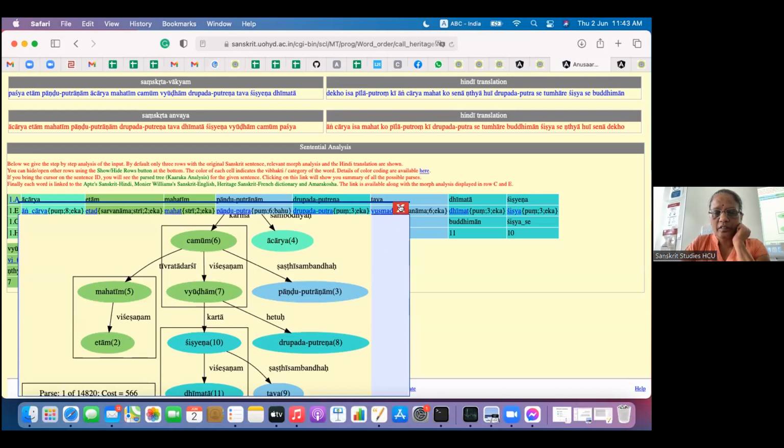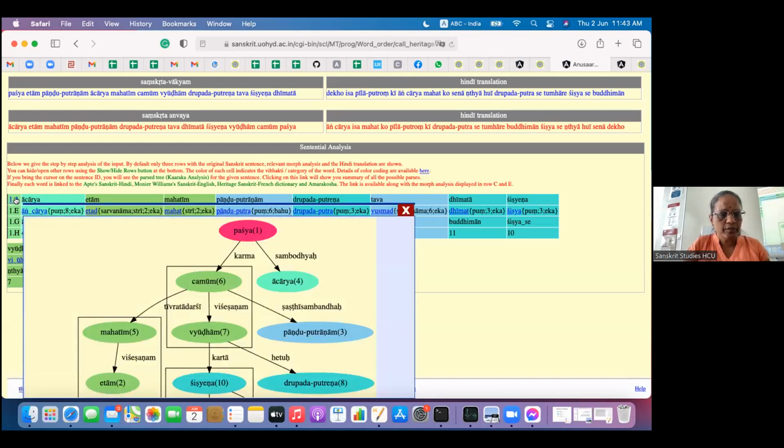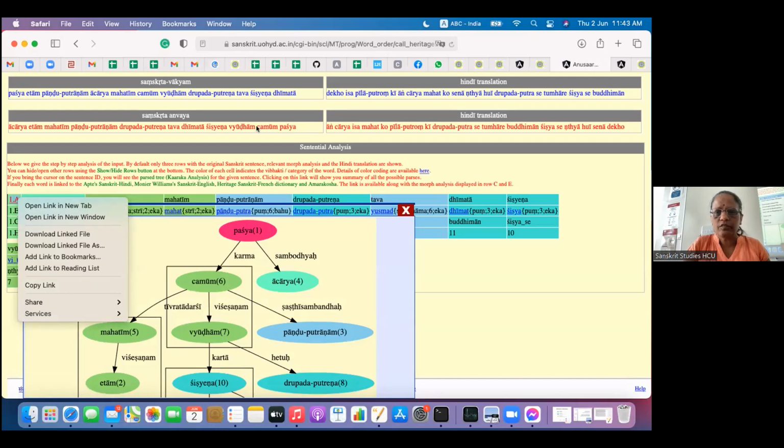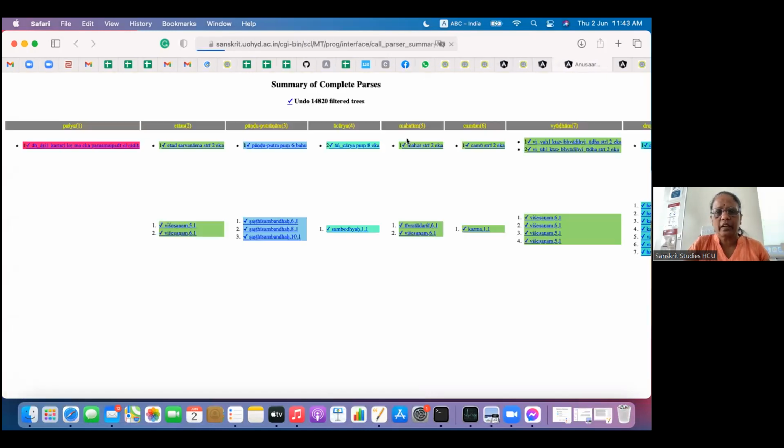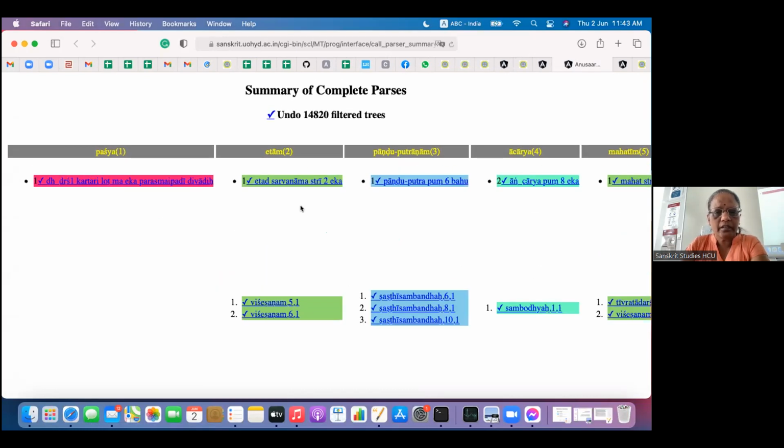So just as we had a way to select the segments in the previous interface, here also we have a possibility of selecting the correct analysis. So it says Pashya etam.